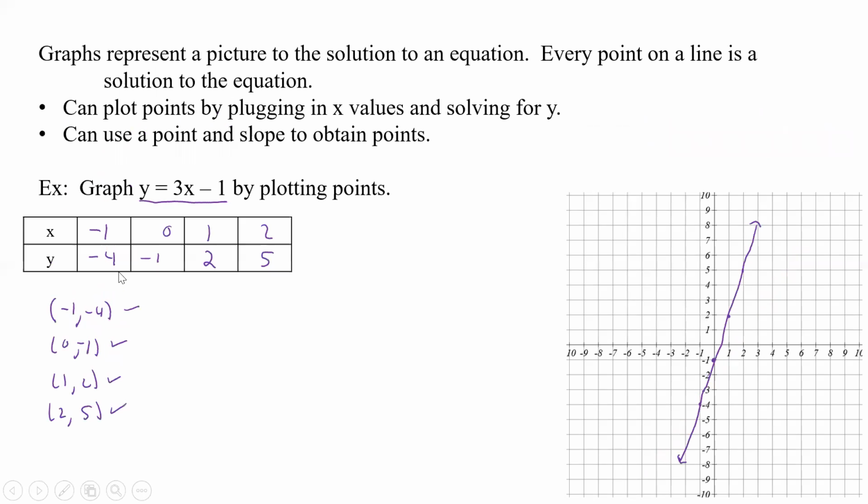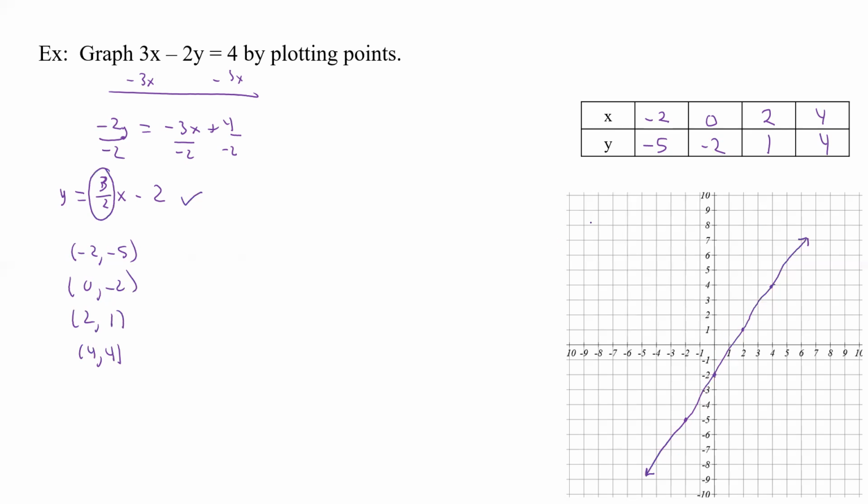And over here, we also had a positive slope and a positive 3. And positive slopes are going to go up like this. Now, if we had happened to have a negative slope, it's going to go down here. And we'll see that here in a little bit. But while we have the graph up, this is how it's going up because of our positive slope.